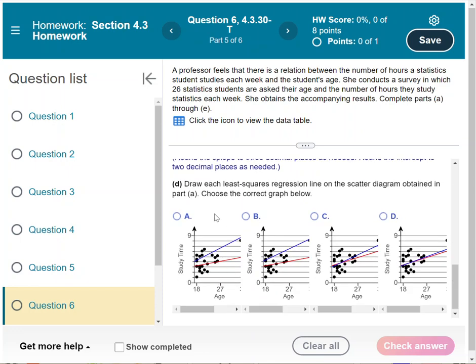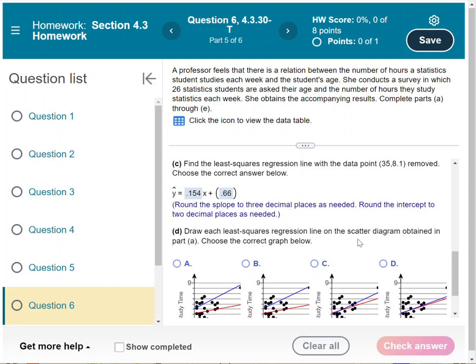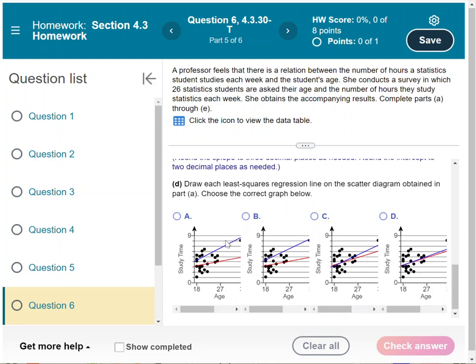So it says draw each least squares regression line on the scatter diagram obtained in part A. Choose the correct graph. Now, I haven't found a way to do this on one graph. I actually had to do both of them separately.